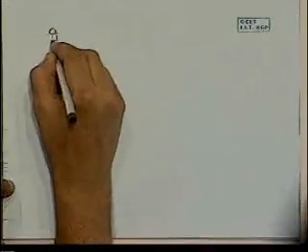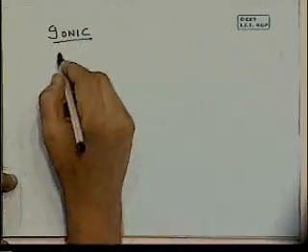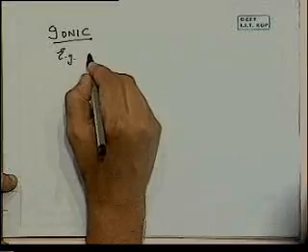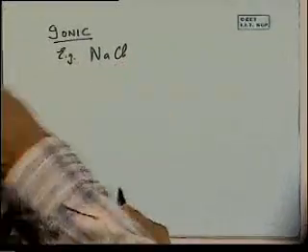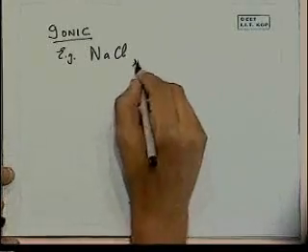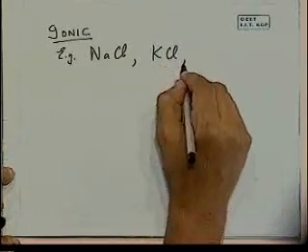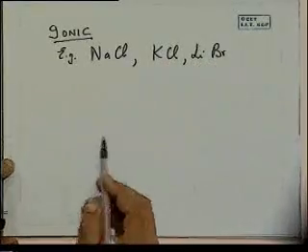Let's begin with ionic polarization. For example, we have NaCl. Obviously, from the name ionic polarization, it means that it's related to ionic solids. We have potassium chloride, lithium bromide, these kinds of solids where this will be significant.